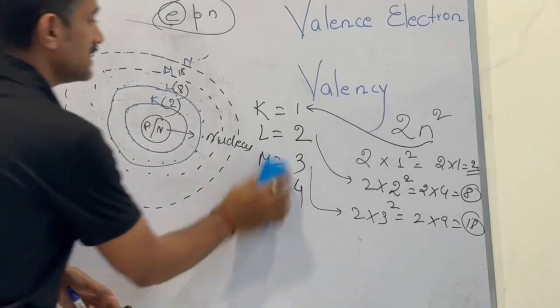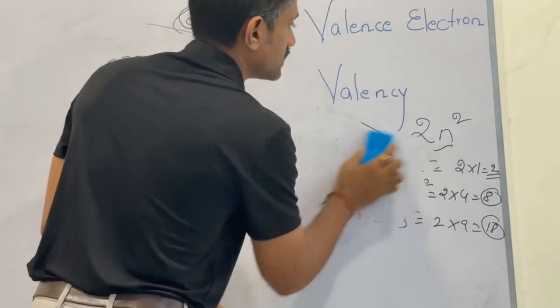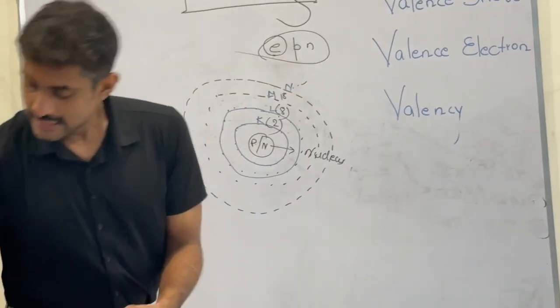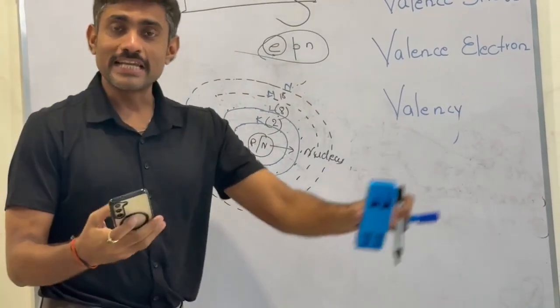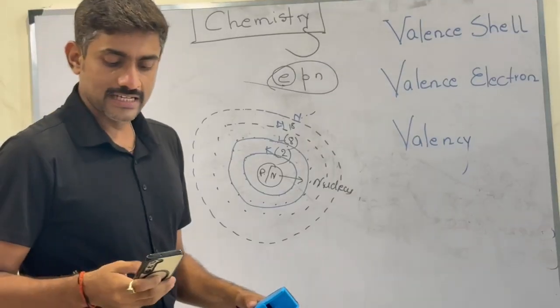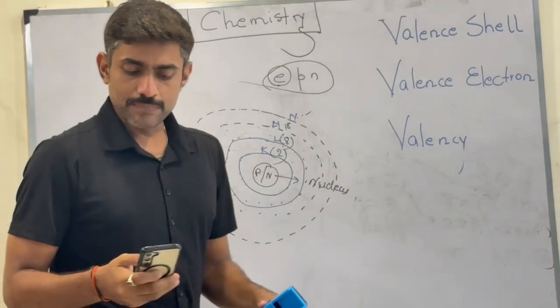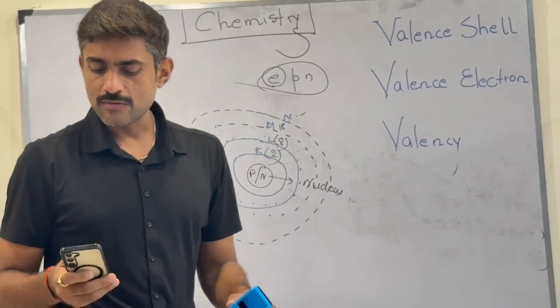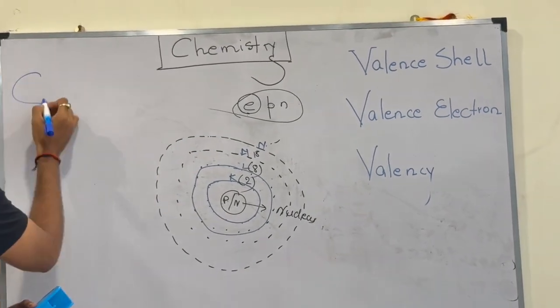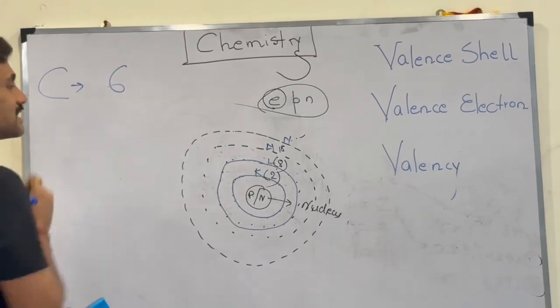Now the next thing is, let me remove this. Okay, let's say I don't remember all the 20 elements in the periodic table, so don't worry. So let me get this one. Example, I must talk about carbon. Carbon has the atomic number 6.